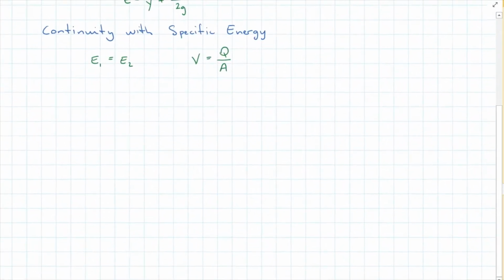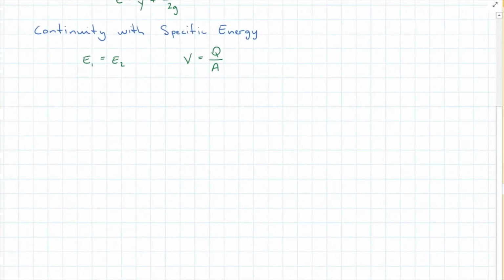So putting these two things together, we can have depth 1 plus flow rate 1 squared over 2g area 1 squared is equal to depth 2 plus flow rate squared divided by 2g A2. And I had flow rate 1, but with conservation of mass, these two flow rates should be the same.